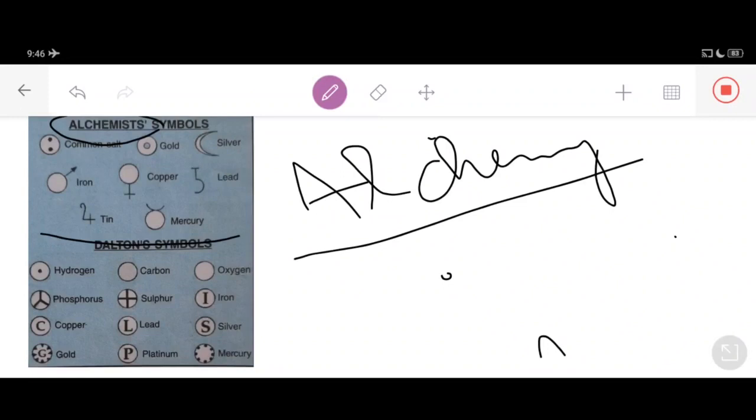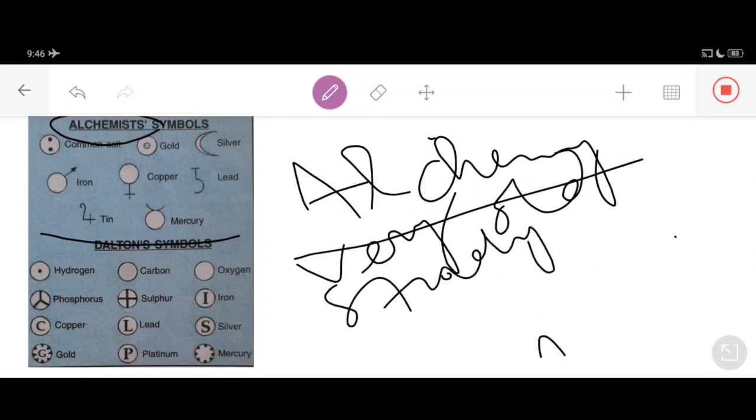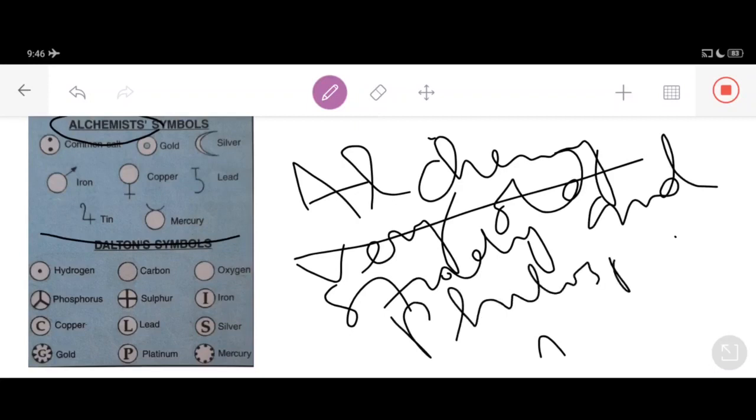Alchemy is a very old study and philosophy of how to change basic substances, for example metals, into other substances. It also studied how substances were related to magic and astrology.